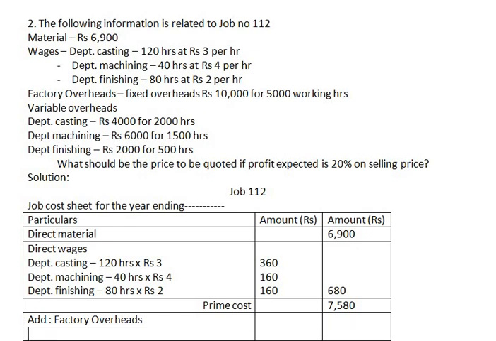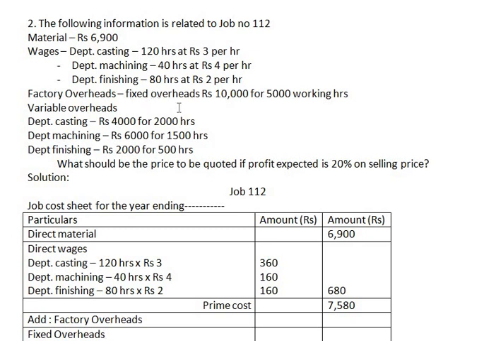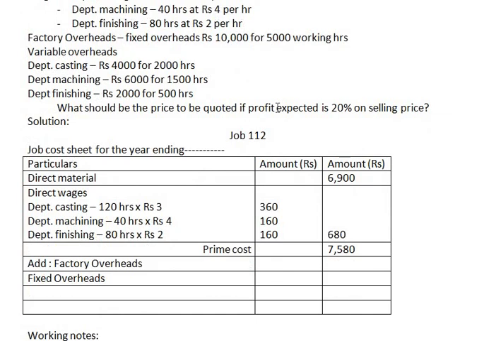Now here you can write fixed overheads. What they have given: fixed overheads rupees 10,000 for 5,000 working hours.